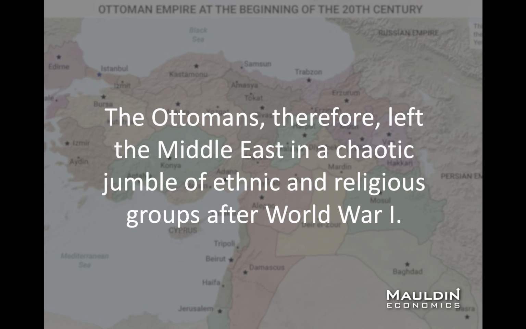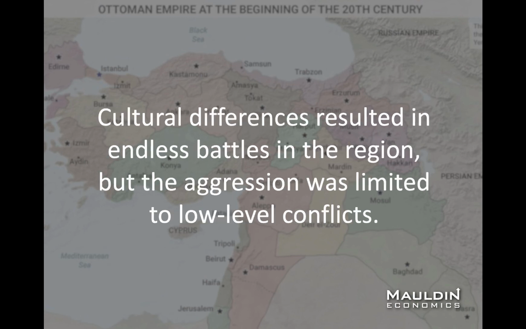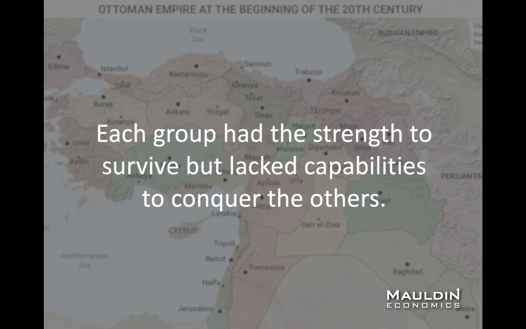After World War I, the Ottomans were very weak going into the war. They aligned with the Germans, Austro-Hungarian technically, and after they fell, it left kind of a jumble in the Middle Eastern area. Each group had the strength to survive in the Middle East, but lacked the capability to conquer the others.